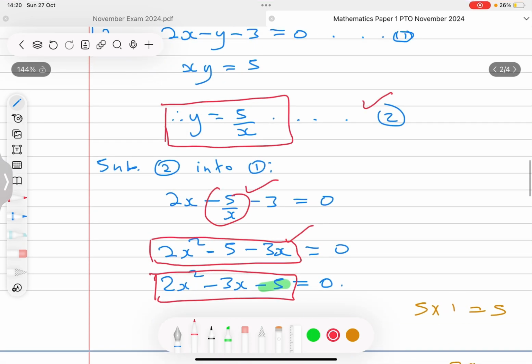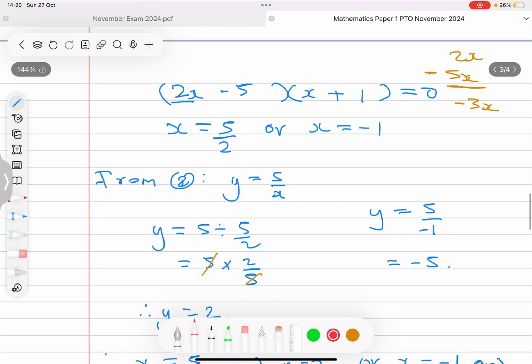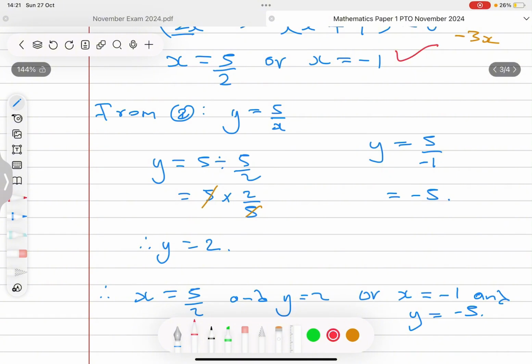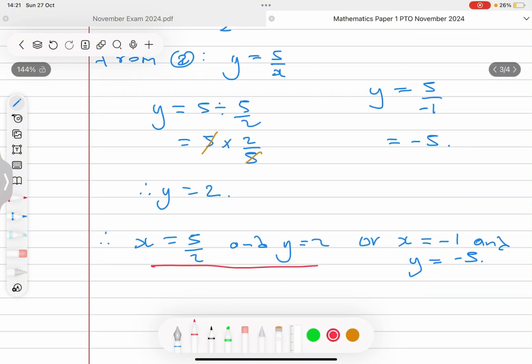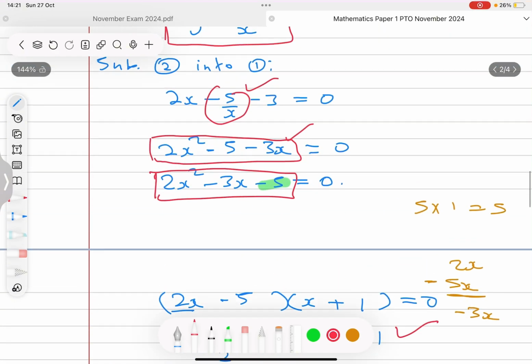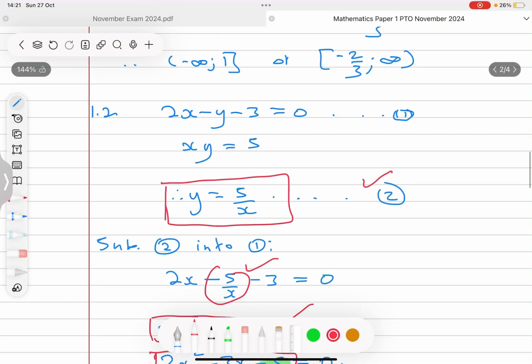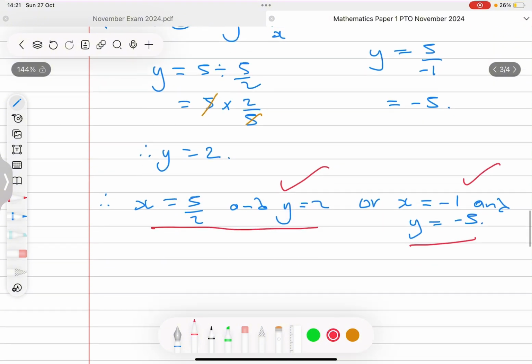Then we have 1, 2, 3 marks. Then they'll give you 1 mark for simplification because it's a long question, this one. So they appreciate the fact that you've been simplifying, right? So they also give you 1 mark for the final answer. The fact that you grouped these two, you get 1 mark. So we have a total of 1, 2, 3, 4, 5, 6 marks. That's how your simultaneous will get marked.